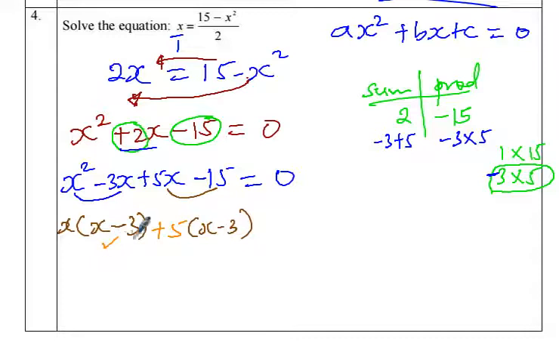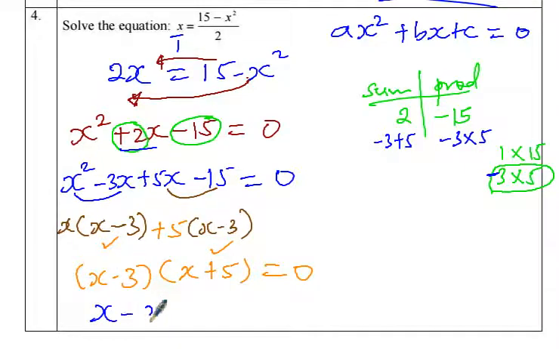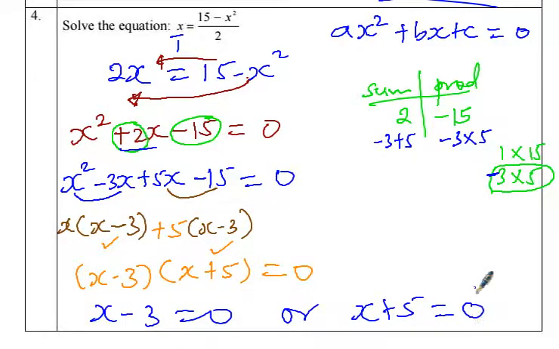And since this is common, it is here and here, I should also factorize it out, bring a new bracket, then I need this term here, x, and this term here, which is positive 5. This is equal to 0, and since two numbers are being multiplied and they give us a 0, that means either this number is equal to 0, or if this number is not 0, then x plus 5 should equal 0.